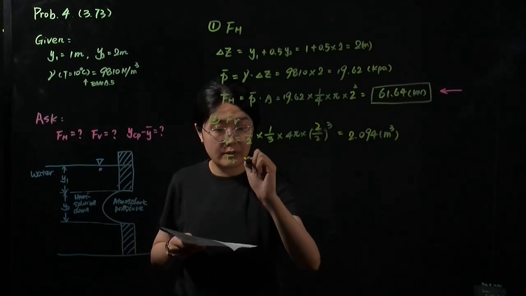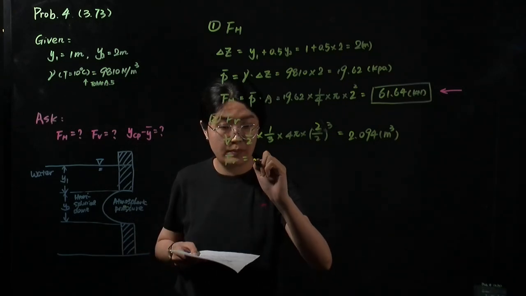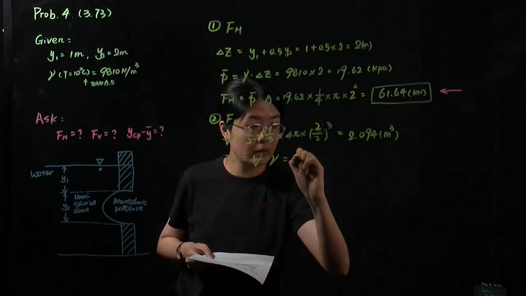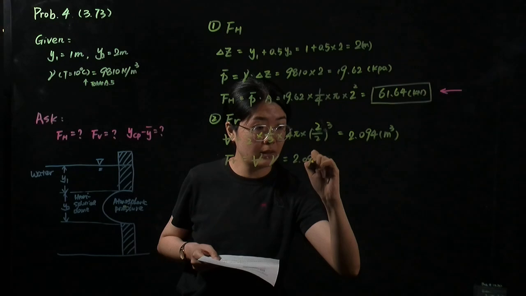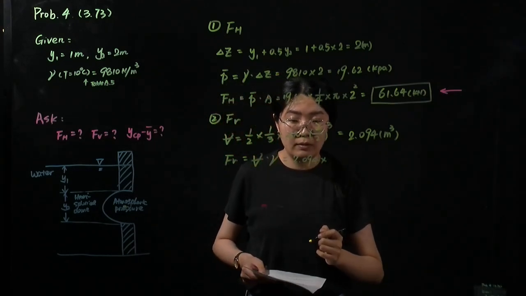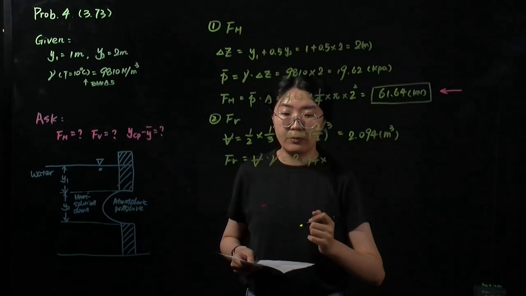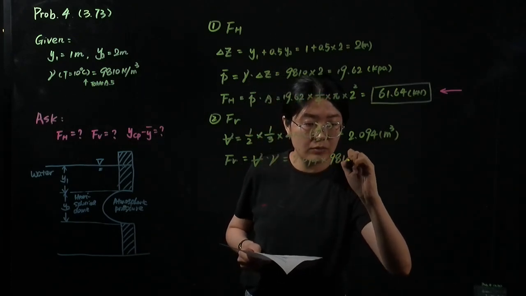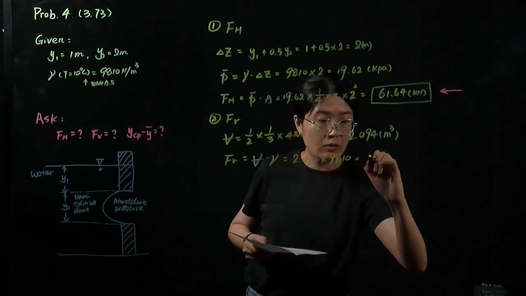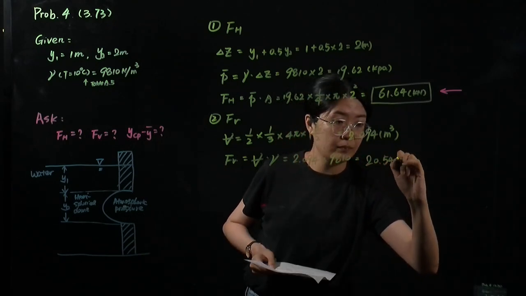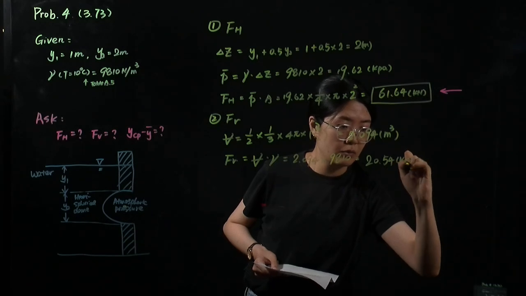And then we can calculate the resultant force. It equals the volume times the specific weight of water. So it equals 2.094 times 9,810, which equals 20.54 kilonewton.